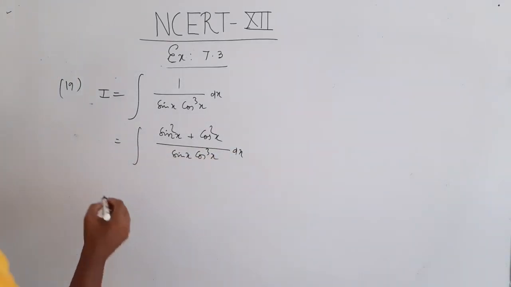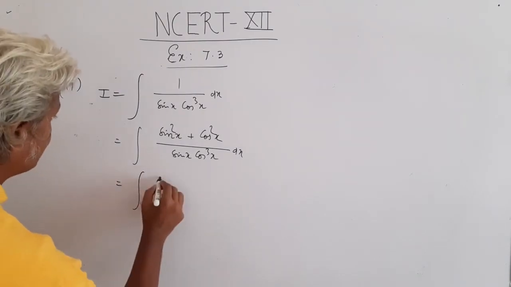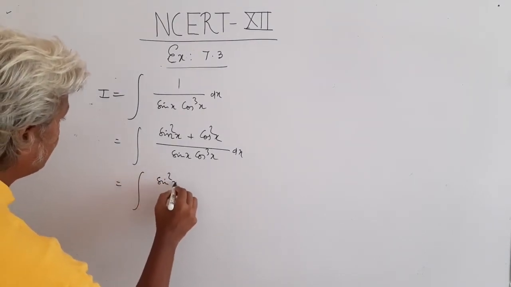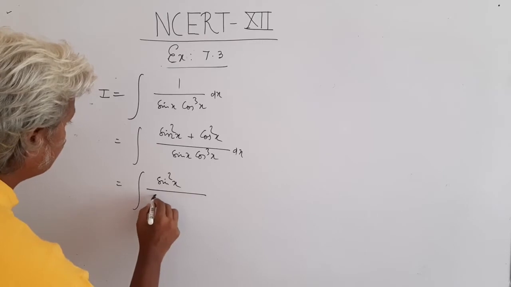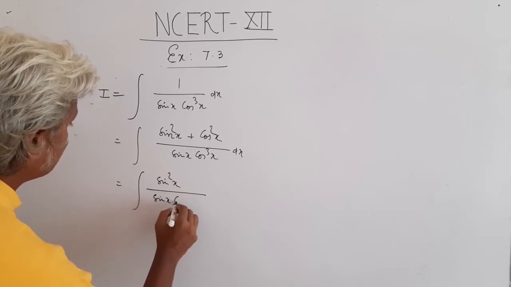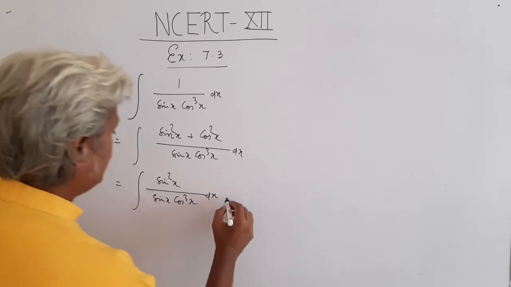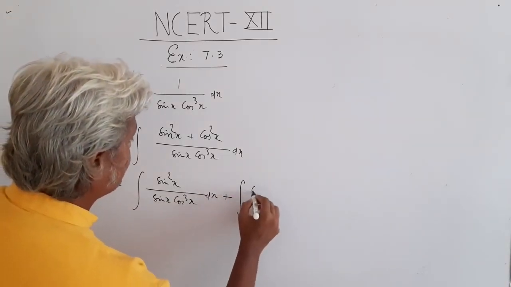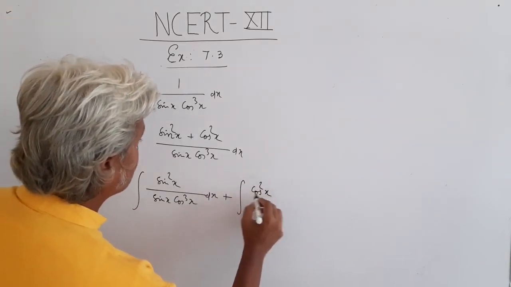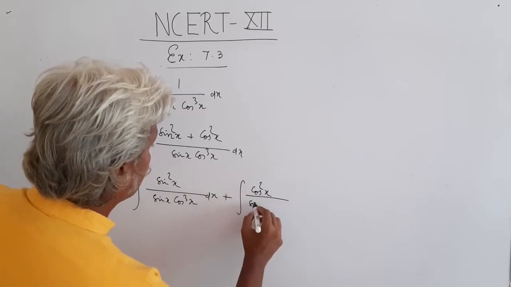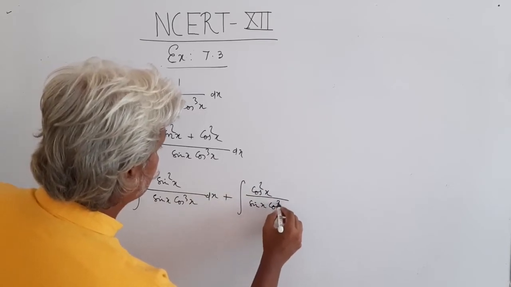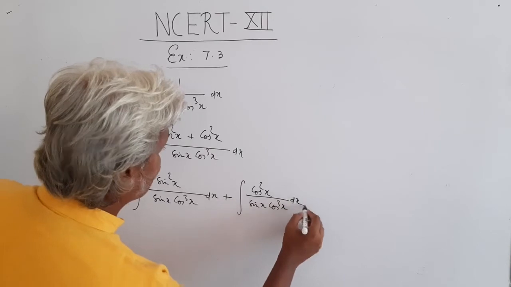Let's see if I dissolve, then what I'll get. So I get sin square x upon sin x cos cube x dx plus integration of cos square x upon sin x cos cube x dx.